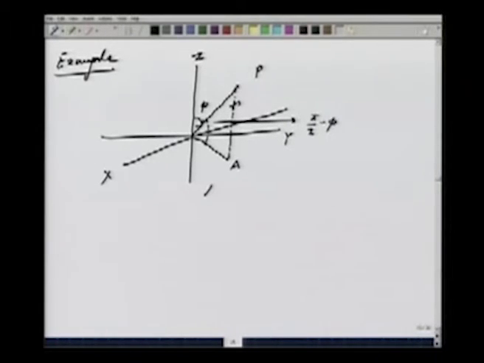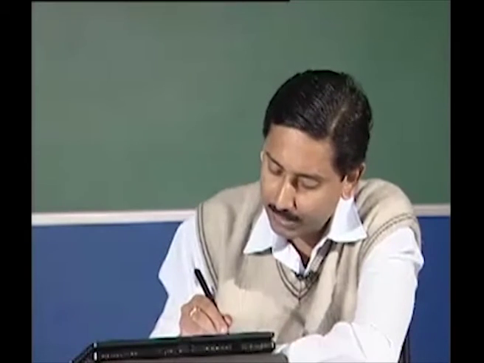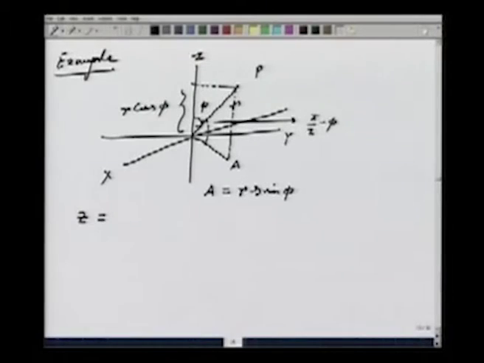So this length OA is clearly r sin phi. What is the z coordinate of the point? That is this distance, and it is very easy to calculate. It is r cos phi. So in Cartesian coordinates, z equals r cos phi, that I found out.